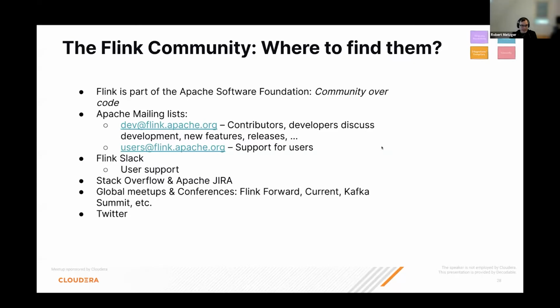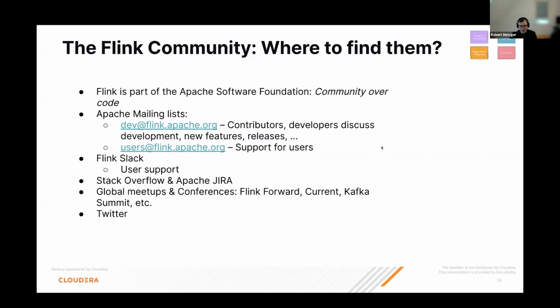So the ASF is extensively using mailing lists for communication, and basically every project is following the same pattern. So does Flink. There is a mailing list called the dev mailing list, where contributors and developers are discussing the development of Flink, new features, releases, and everything that is needed to manage the project.